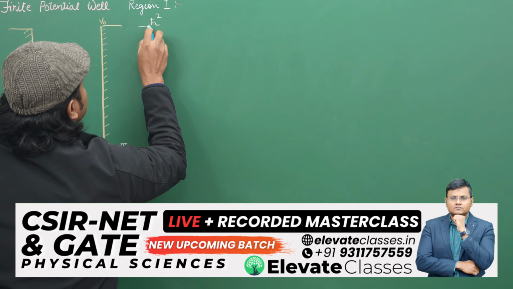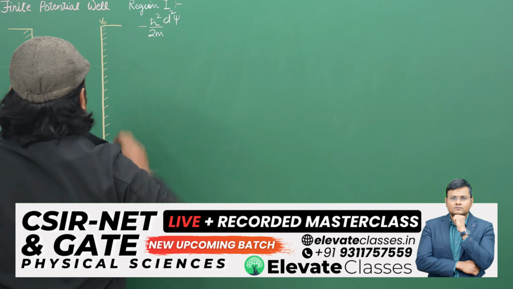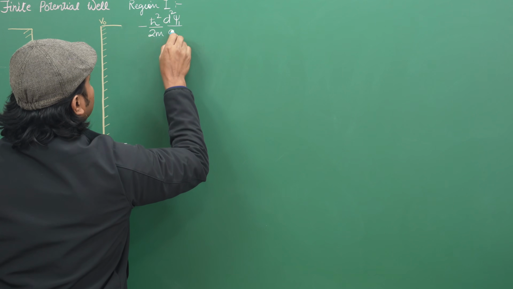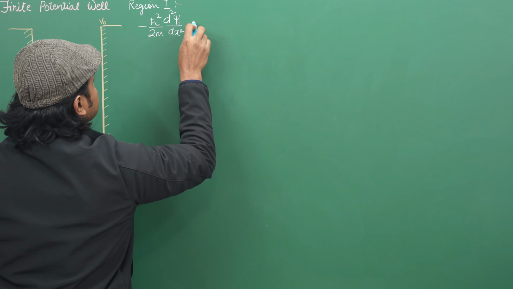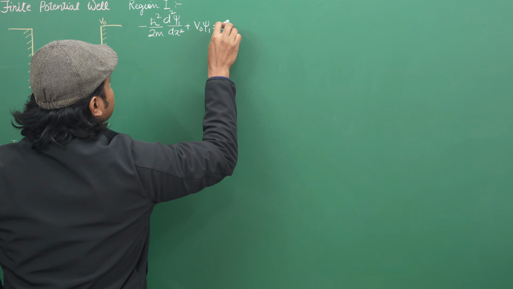Minus h cross squared upon 2m d2 psi, let's suppose for region 1 I'm going to call this psi 1, dx2 plus V0 psi 1 is equal to E psi 1.